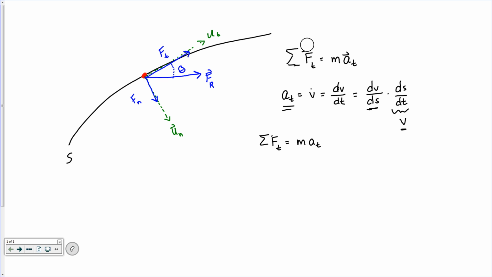So I'm going to get rid of these arrows, because we're only dealing with the scalar equation, because we know the direction that we're considering is the tangential direction. And now I can start plugging in. Sum of forces in the tangential direction is equal to the mass times acceleration in the tangential direction, dv/ds times v. I'm going to bring ds over to the other side, and I'm going to integrate.